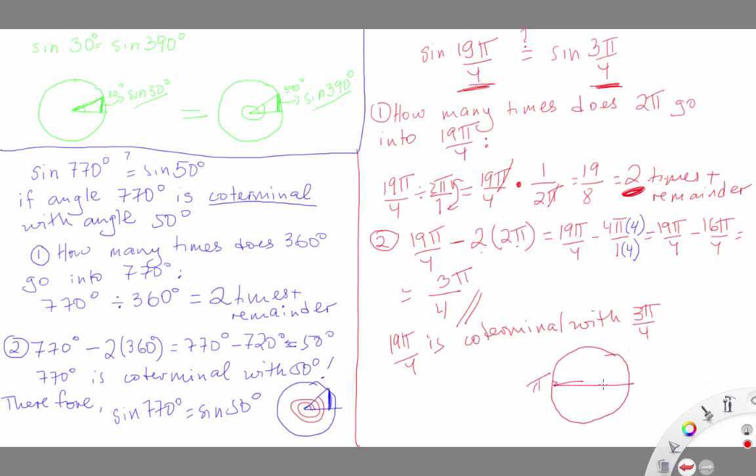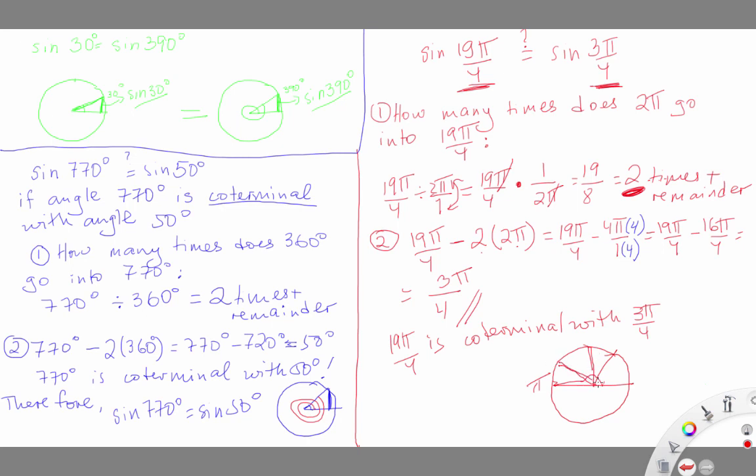Pi, it's half the circle. And I have to divide pi into 4 parts. So I'm going to divide pi first in half, and then in 2 more halves. Imagine those 4 parts are equal, right? And I have 3 times pi over 4. So I have 1/4, 2/4, 3/4.